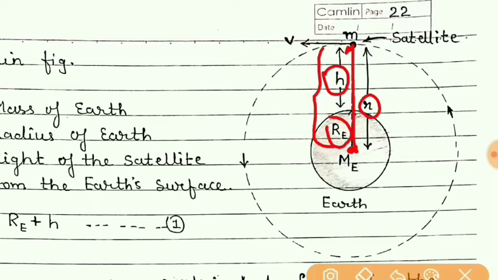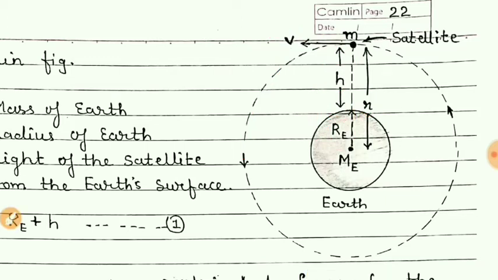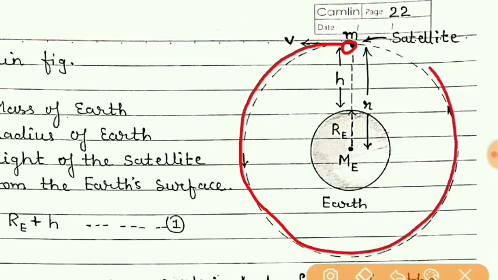Also, this satellite revolves around the Earth and its speed is denoted by small v. Now students, we know that this satellite revolves around the Earth due to the gravitational force of the Earth on the satellite, as well as when any object performs circular motion, there acts another force on it, and that force is centripetal force.